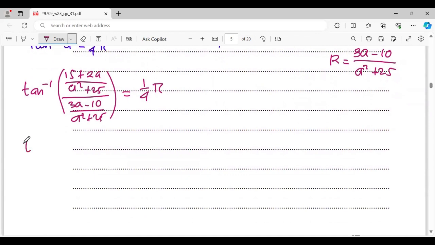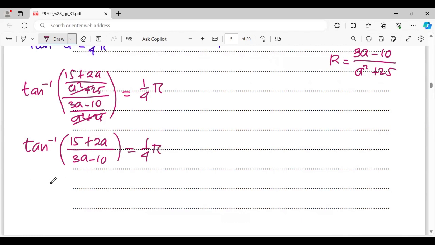Or it's going to be, if we divide, the denominators cancel and become 1. So 15 plus 2a over 3a minus 10 equals 1 over 4 pi.